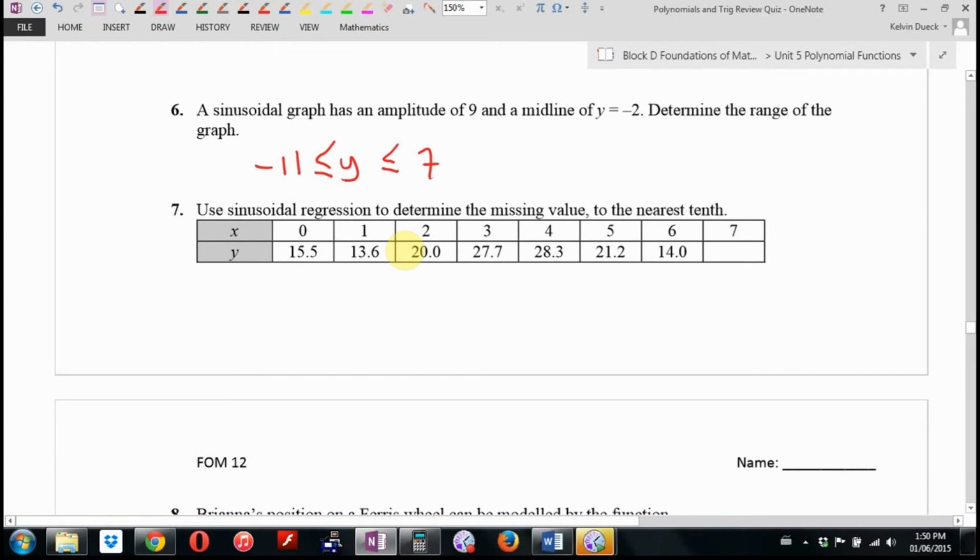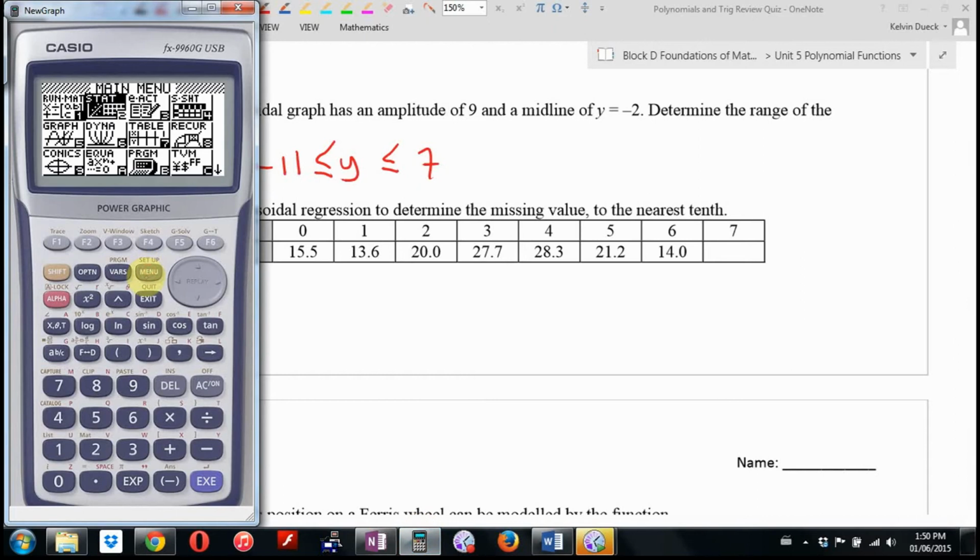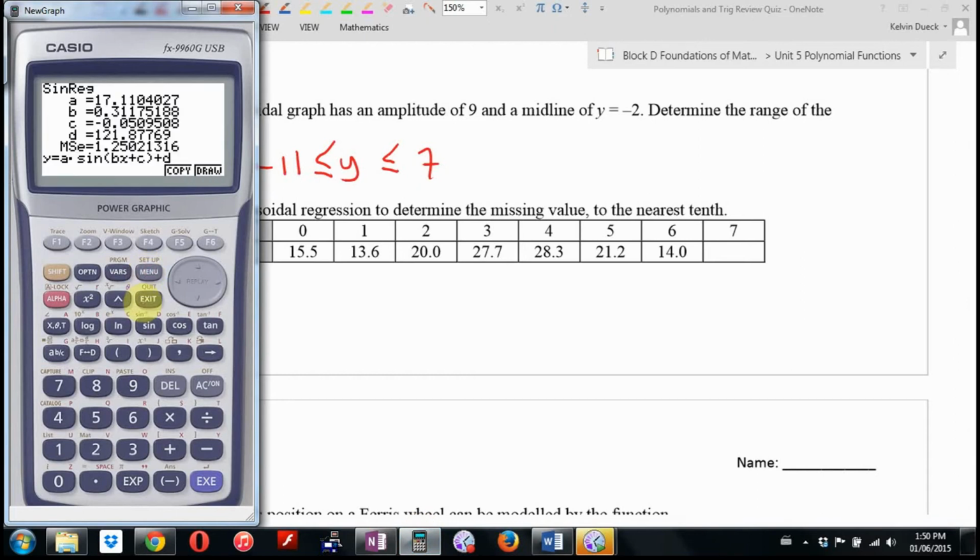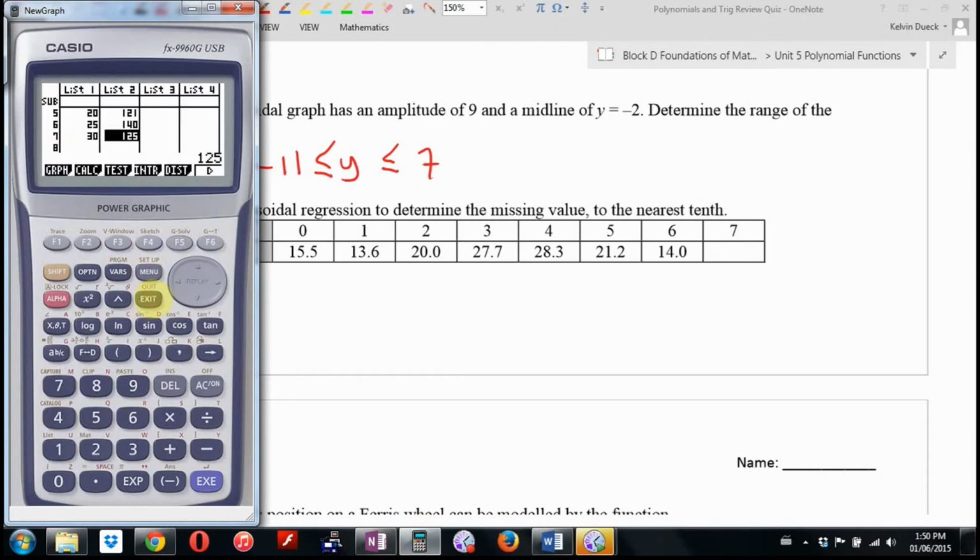Okay. Number 7 says use sinusoidal regression to determine the missing value to the nearest tenth. Clear that.